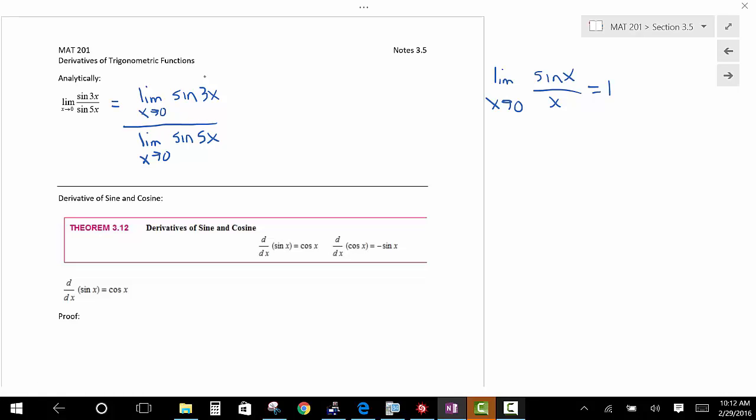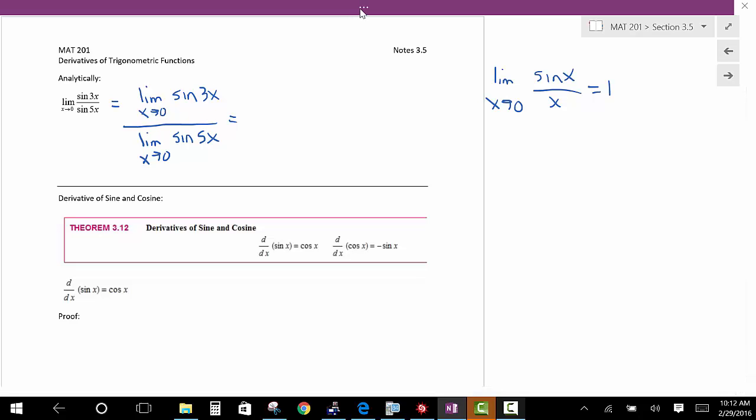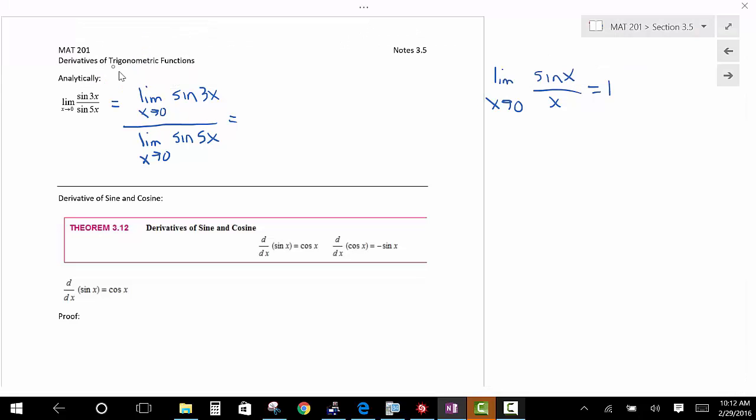One thing that you could do, and this would be a valid thing to do mathematically, is go through and do something like this. We'd like to get an x down in the bottom there, so at the very beginning of the problem, we could have just done sine of 3x over x, all over sine of 5x over x.